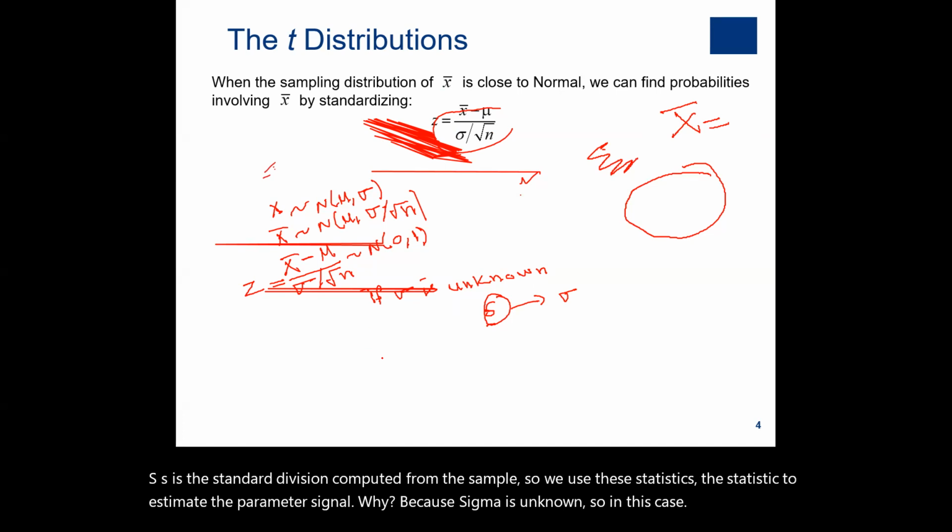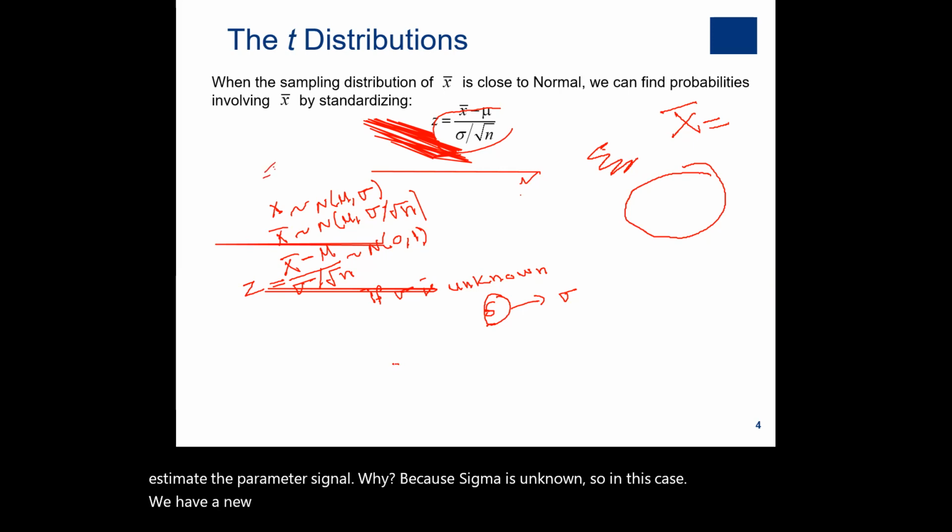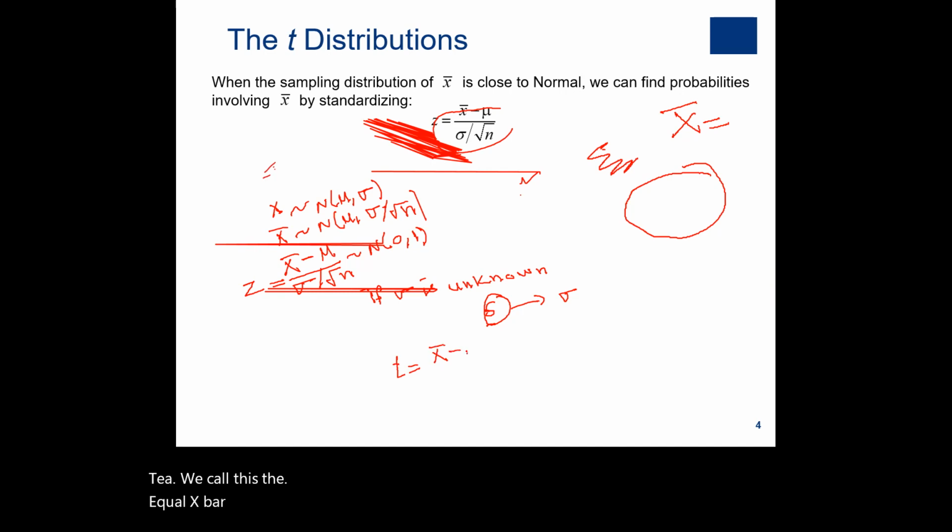So in this case, we have a new variable, which is t. We call this t equal x bar minus mu over s over square root n. This new variable is not following z. This variable is following t.